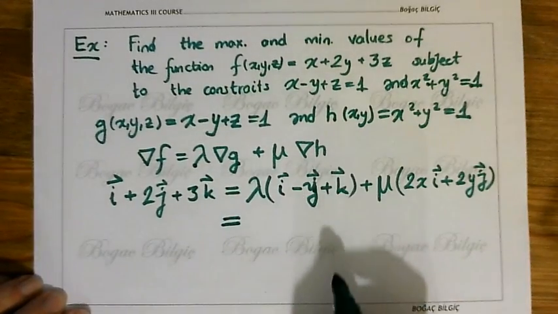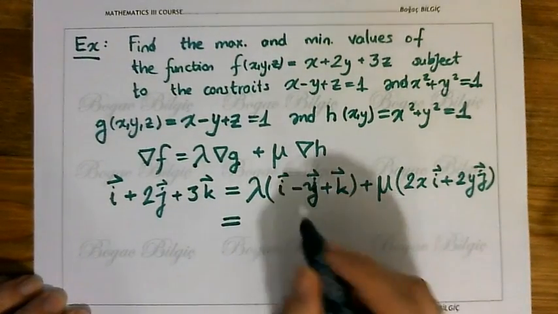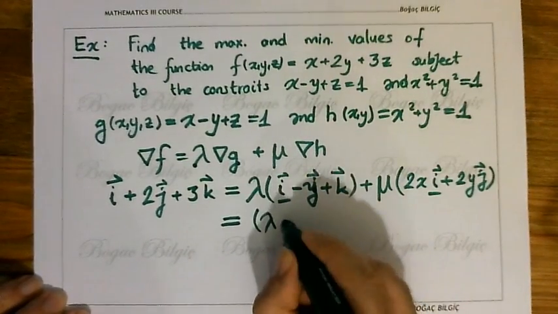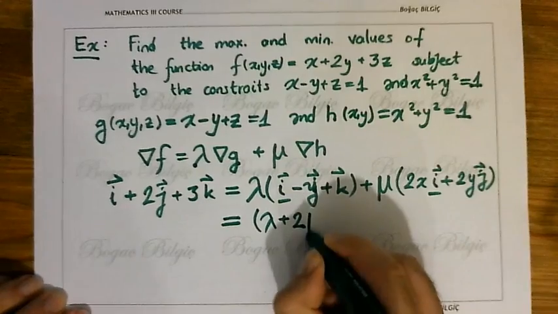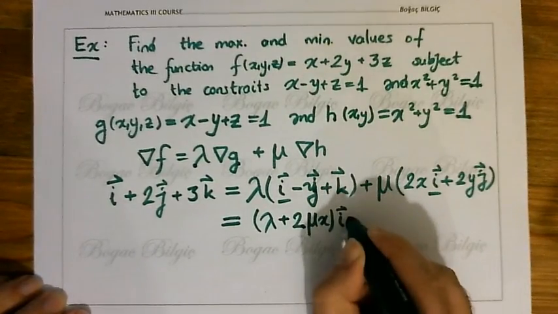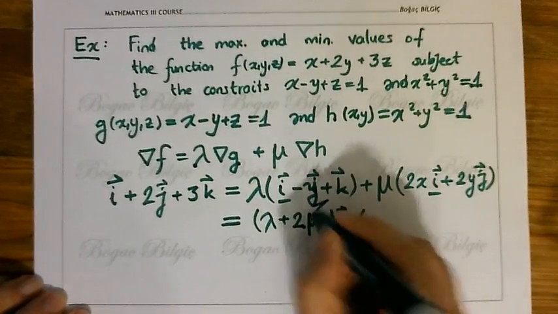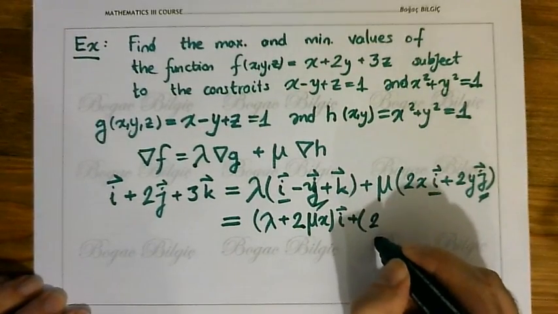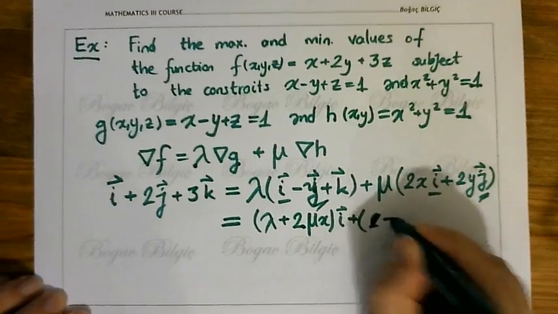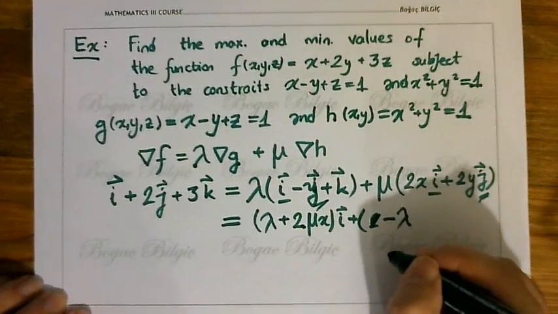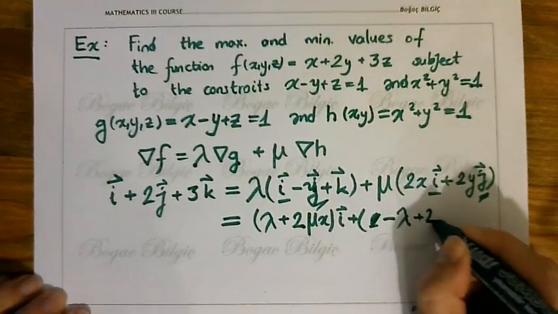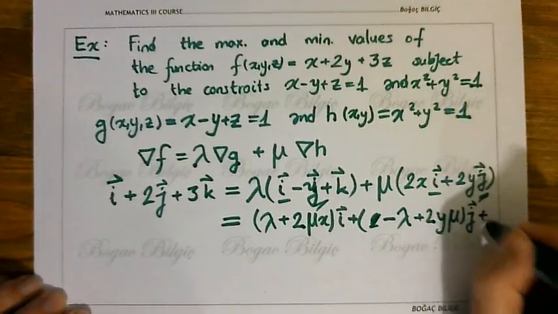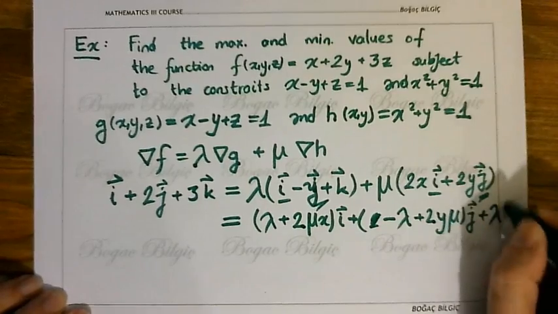So i (lambda plus 2 nu x), plus j (minus lambda plus 2y nu), and lastly lambda k.